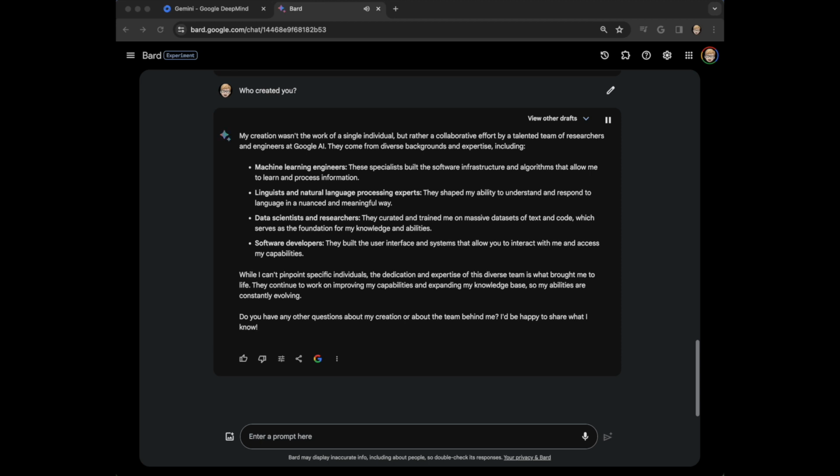They curated and trained me on massive datasets of text and code, which serves as the foundation for my knowledge and abilities. Software developers. They built the user interface and systems that allow you to interact with me and access my capabilities. While I can't pinpoint specific individuals, the dedication and expertise of this diverse team is what brought me to life. They continue to work on improving my capabilities and expanding my knowledge base, so my abilities are constantly evolving. Do you have any other questions about my creation or about the team behind me? I'd be happy to share what I know.